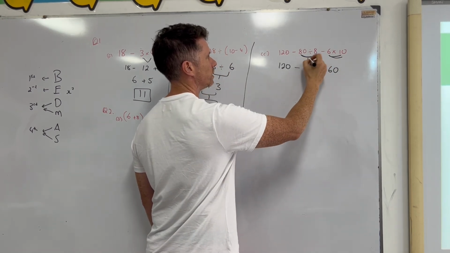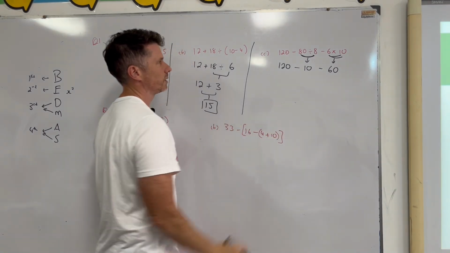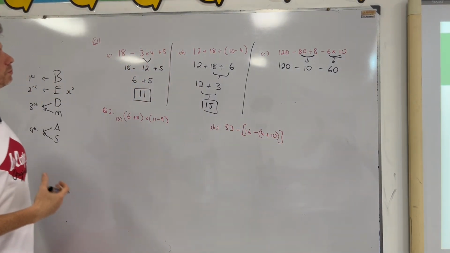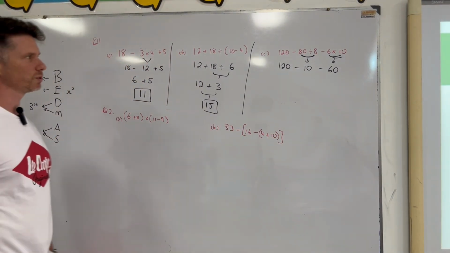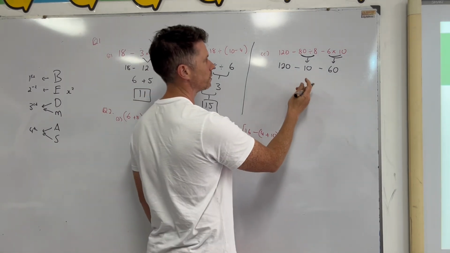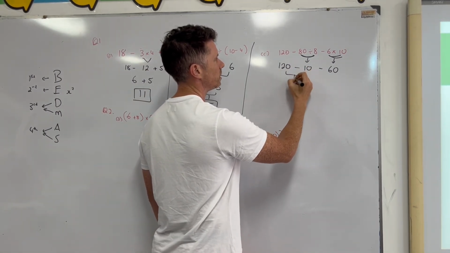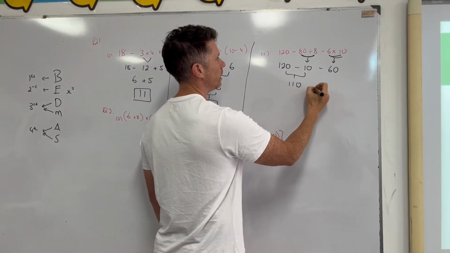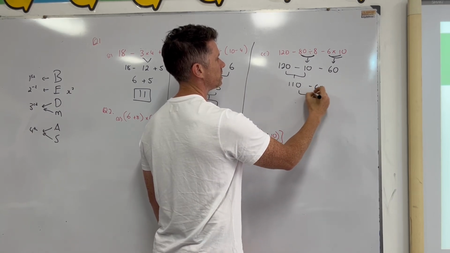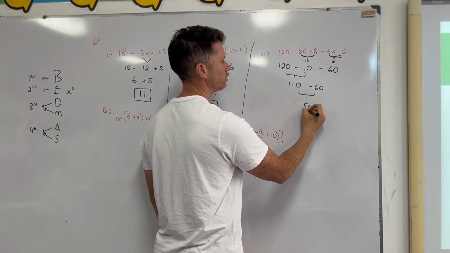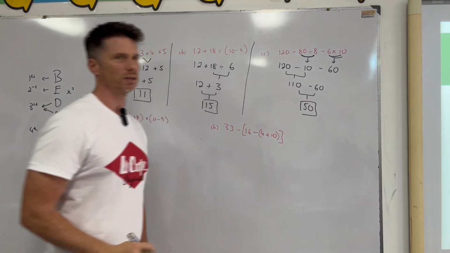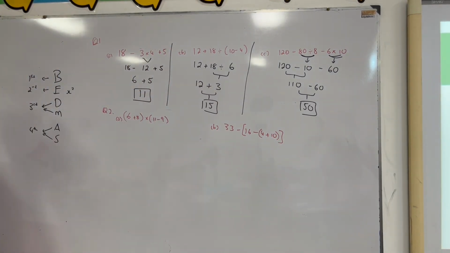Okay, so now I've done these two. And now I can do both subtractions, so I do the first one first. 120 take away 10 is 110. And then I'm going to take away the 60. You could do this all at once if you really wanted to, but to save mistakes, I did it step by step to give 50.